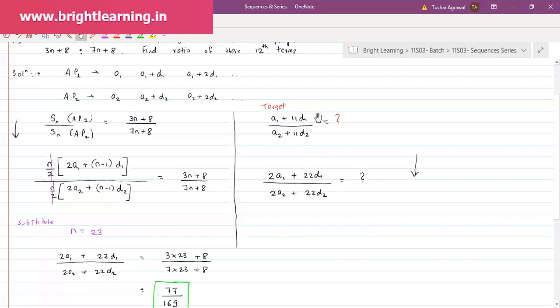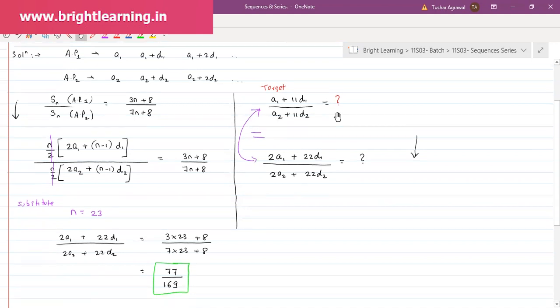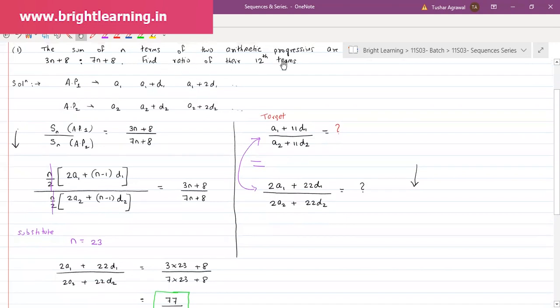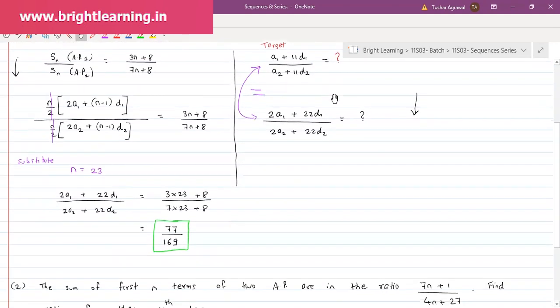It is twice A1 plus 22 D1 over twice A2 plus 22 D2. They are one and the same thing, equal. So when he asks me to find the ratio of the 12th terms, what he is actually asking is twice A1 plus 22 D1 upon twice A2 plus 22 D2. Yes, sir, I got it, because I want this ratio.